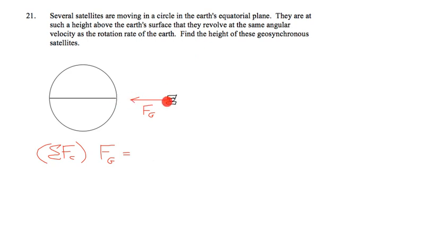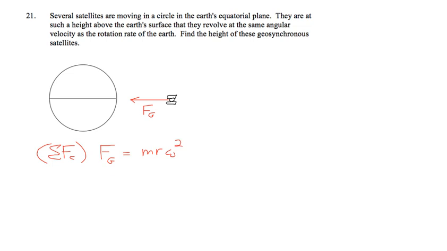Well, in order to get that, I'm going to get the distance from here to the center of the Earth, because that would be the orbital radius of the satellite, the radius of the circle the satellite's moving through. So because r is the unknown, you don't have a choice. You cannot use mv squared over r here, because if you do, your r will be hidden in the variable v, and I need all my r's exposed. So you have to use mr omega squared to solve this problem.